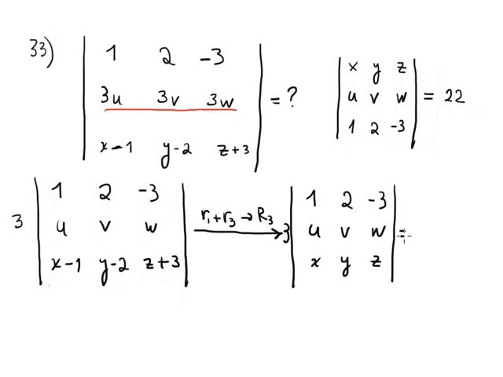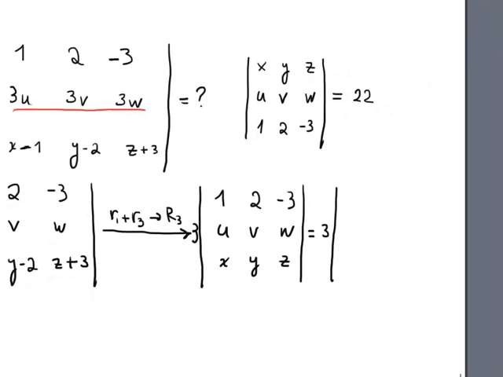Now you interchange row 1 and row 3. Let's suppose in this step, 3 times, I want to interchange row 1, swap, and row 3.